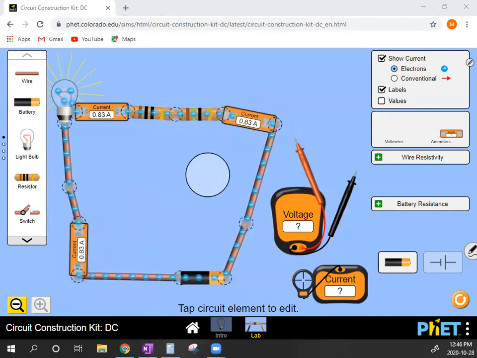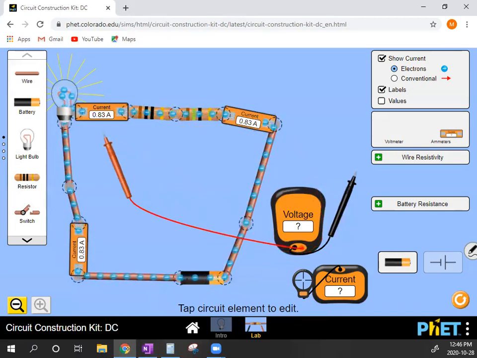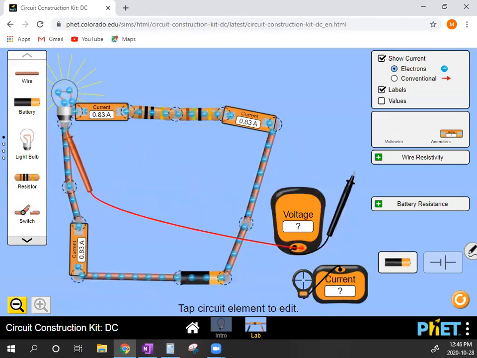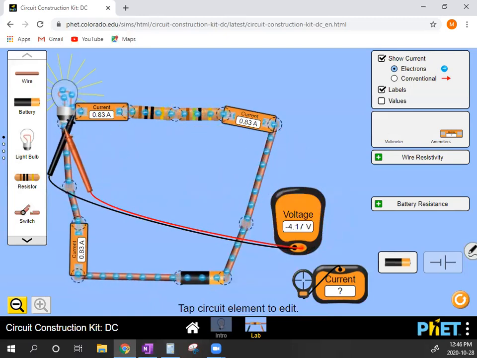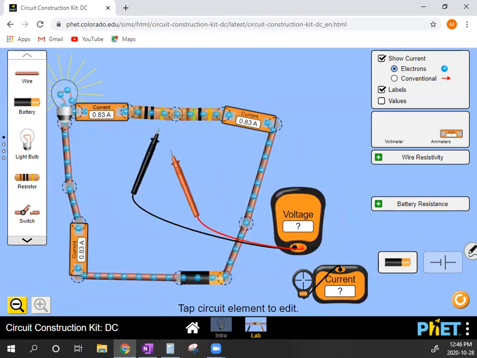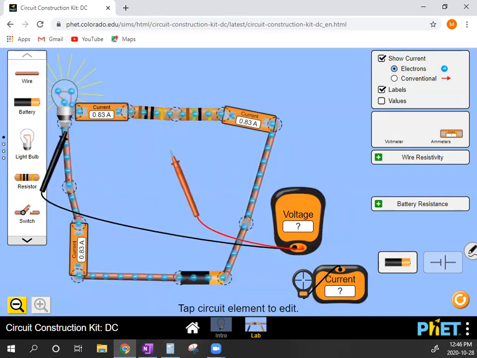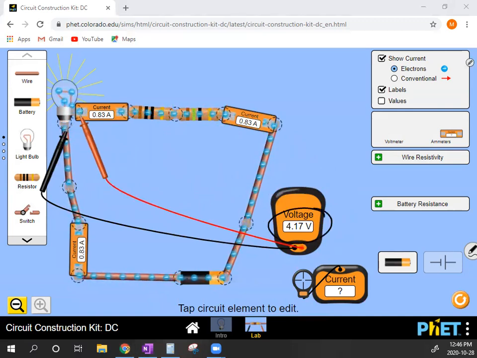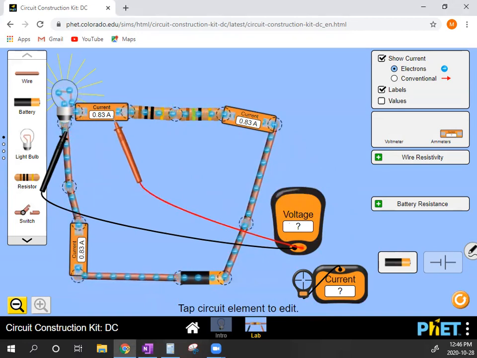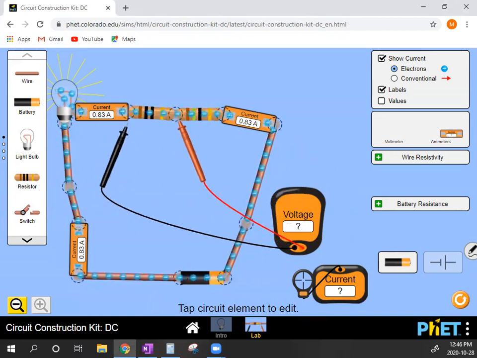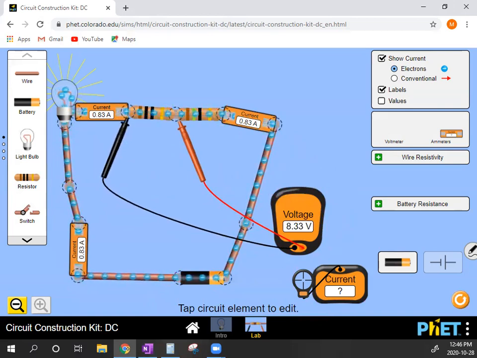Now let's check the voltages. So first I will check my light bulb, which is the 5 ohm resistor. Oh, I've got my leads backwards. The 5 ohm resistor, I get 4.17 volts. You can see the number right there. Okay. Now let's check the 10 ohm resistor. I get 8.33 volts.